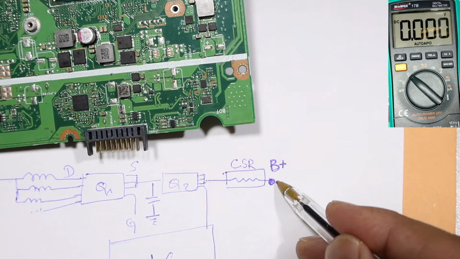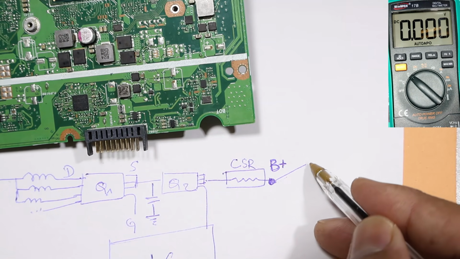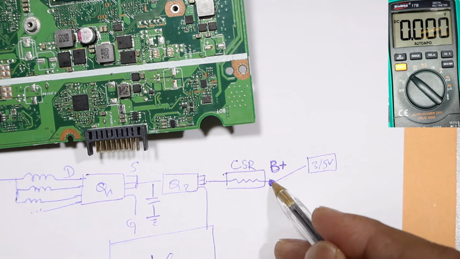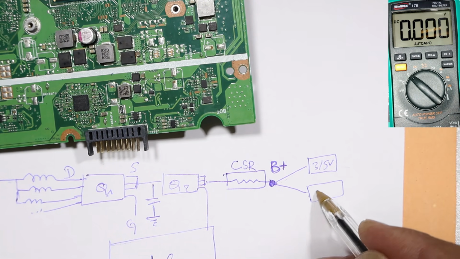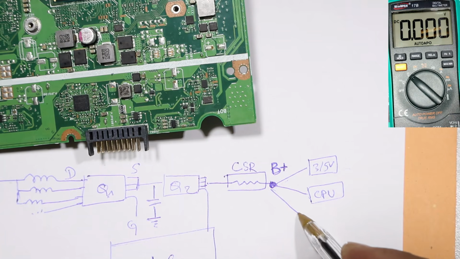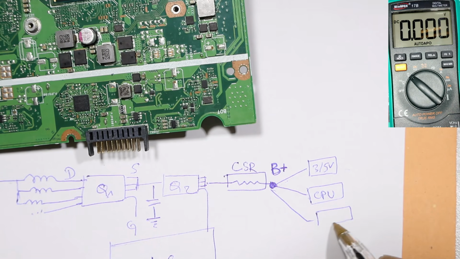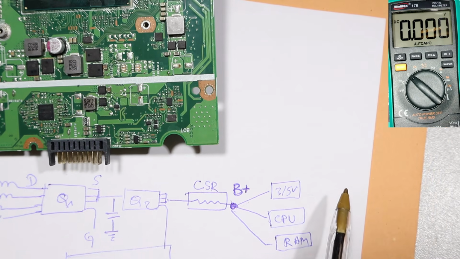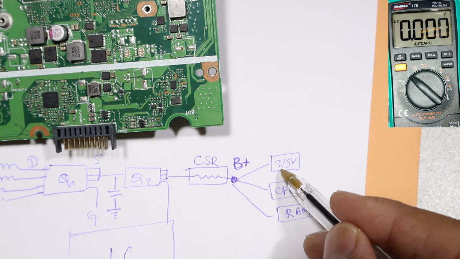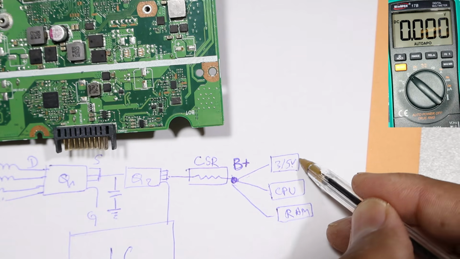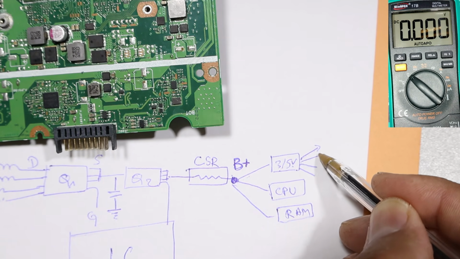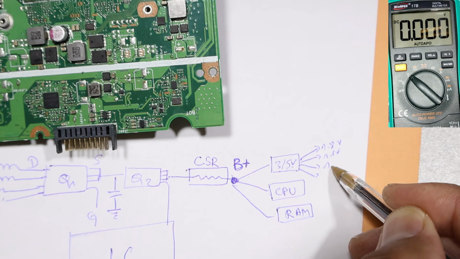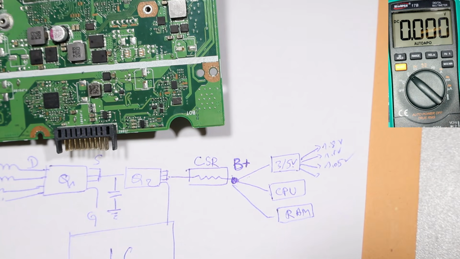This B+ will be directed to the 3 volt, 5 volt circuit, and also applied to the CPU circuit, also to the RAM circuit, etc. Based on this B+, we will get 3 volt and 5 volt, and based on these 3 volt and 5 volt we will get the secondary voltages like 1.1 volt, 1.5 volt, 1.05 volt for VCC, etc.